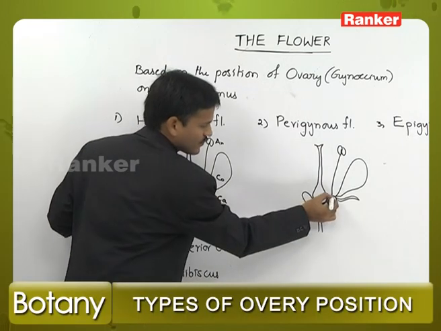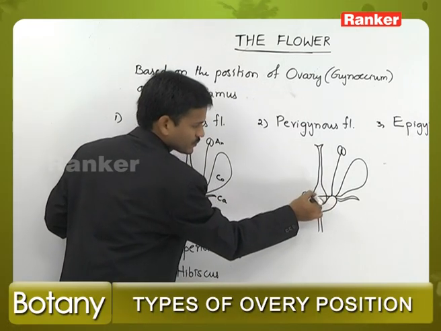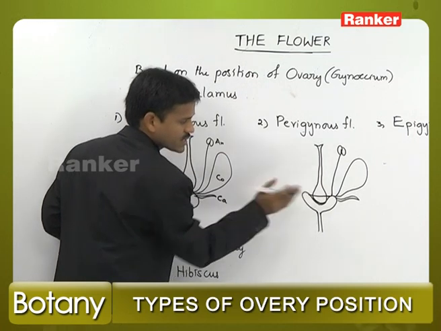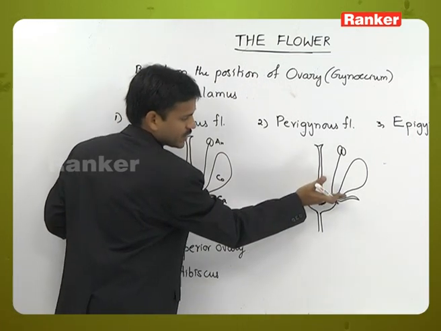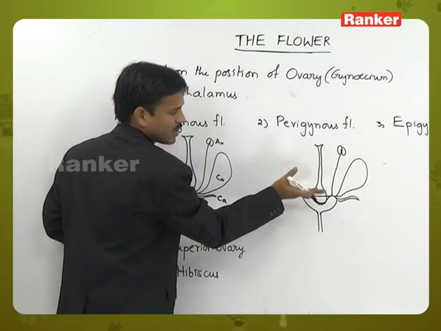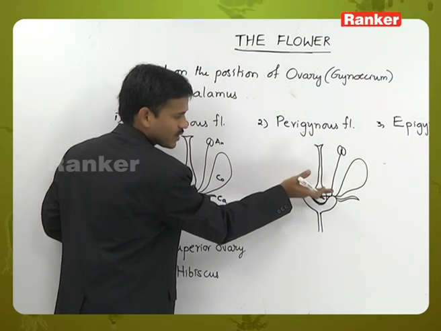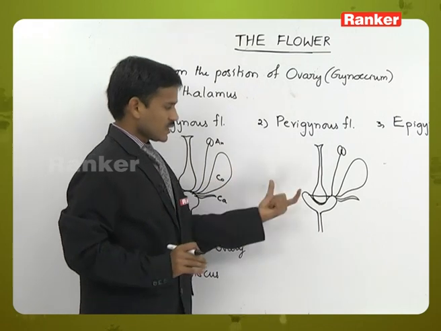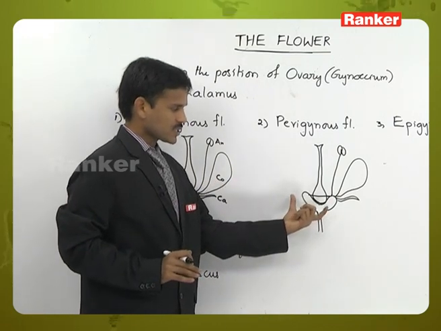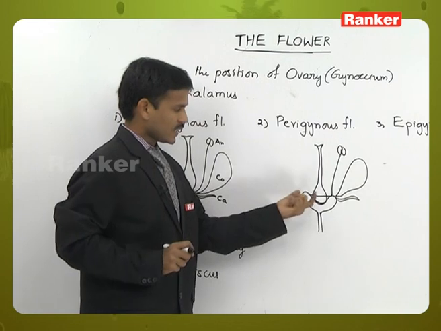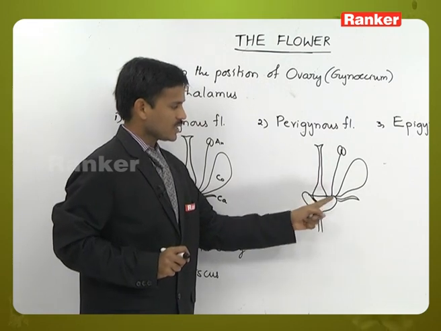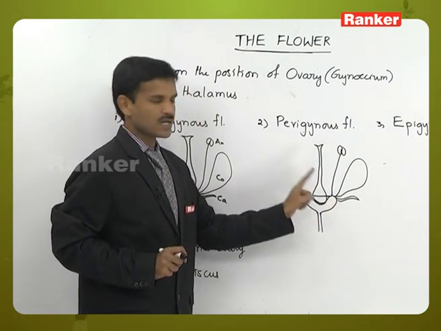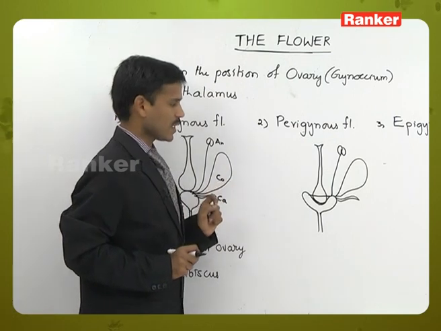So if you observe, half of the ovary is inferior. If we compare these floral parts and the ovary, half of the ovary is inferior, half of the ovary is superior. So the thalamus is a plate-like structure, the ovary is attached in the basal region, and the remaining floral parts are attached on the margins or on the rim of the thalamus.